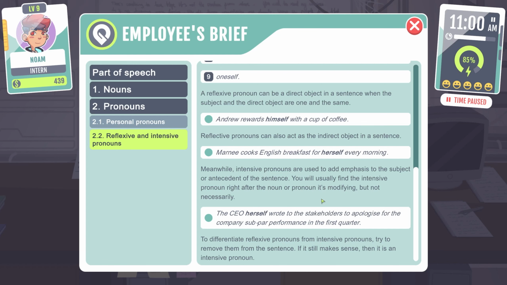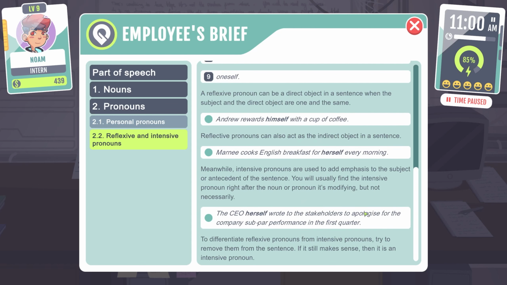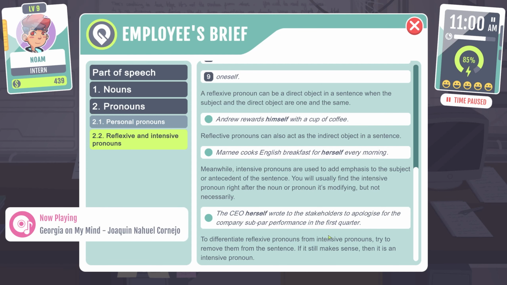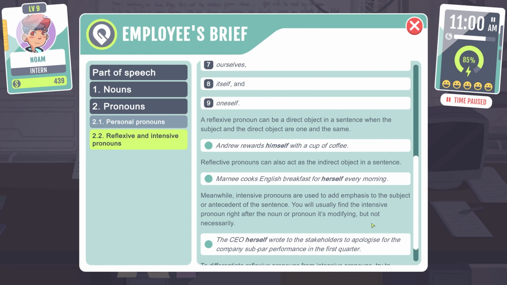You will usually find the intensive pronoun right after the noun or pronoun it's modifying, but not necessarily. The CEO herself wrote to the stakeholders to apologize for the company's subpar performance in the first quarter. To differentiate reflexive pronouns from intensive pronouns, try to remove them from the sentence. If it still makes sense, then it is an intensive pronoun. Gotcha.